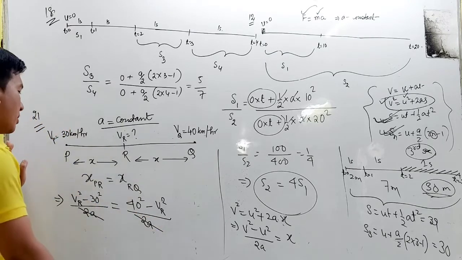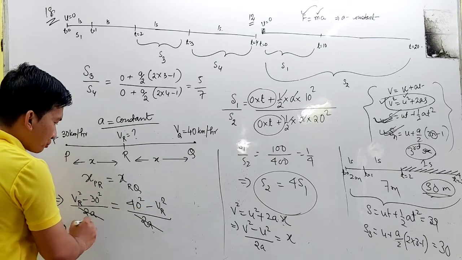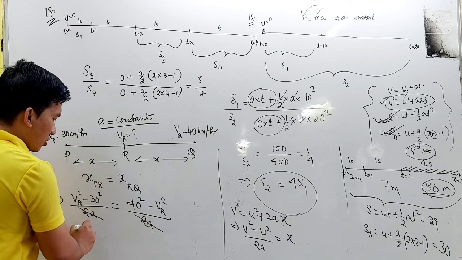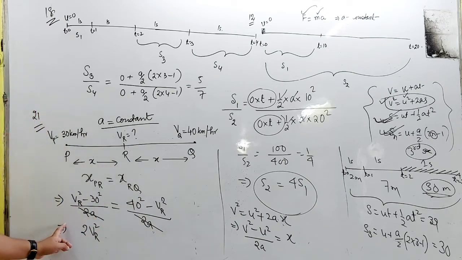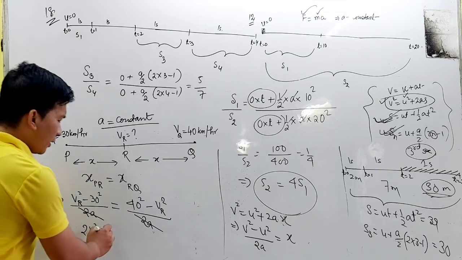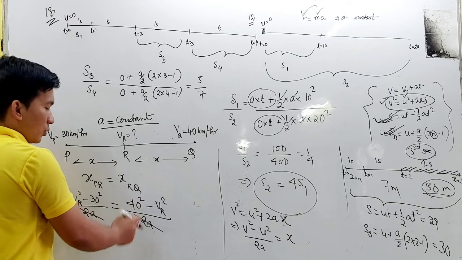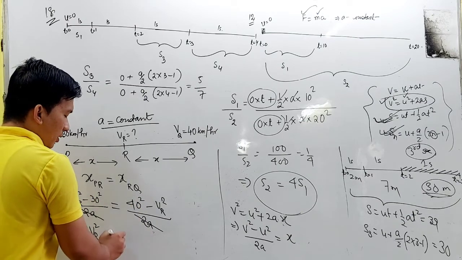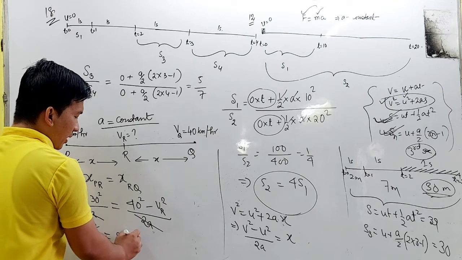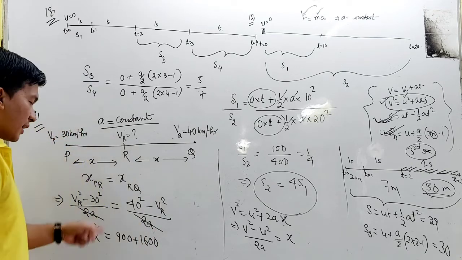After simplification, this is transferred over this side, so this will be 2 times VR square, and here this will be plus. This is 900 plus this is 1600.